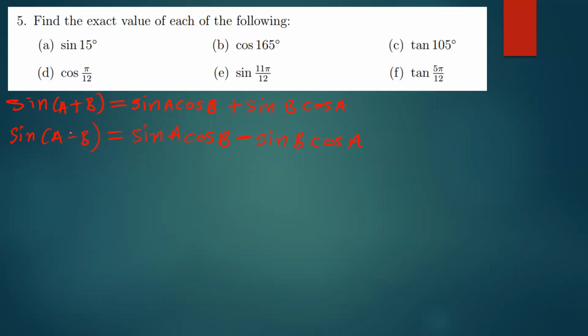These are the two compound angle formulas for sine. We can also find what are known as double angle formulas from these same compound angle formulas, but I'll not talk about those because this question is just about writing the formulas and showing you how to apply them.